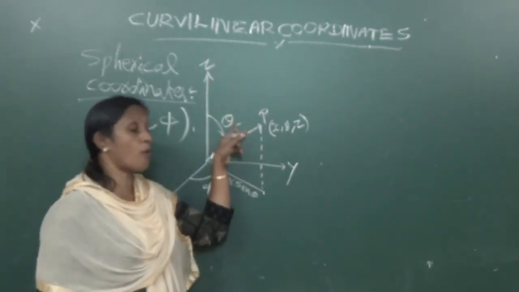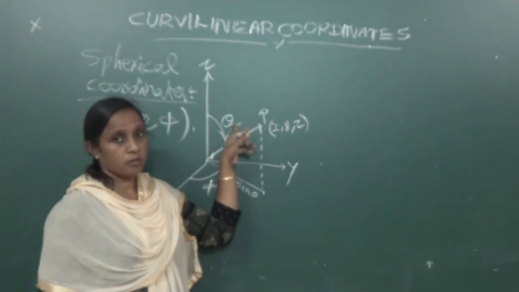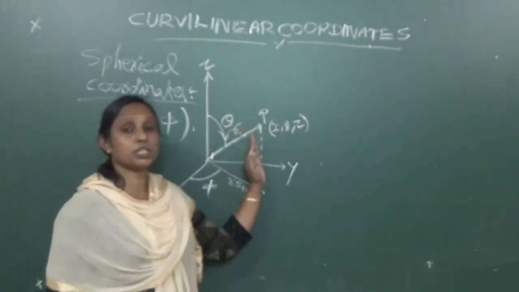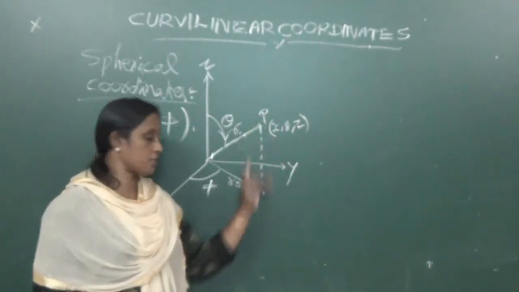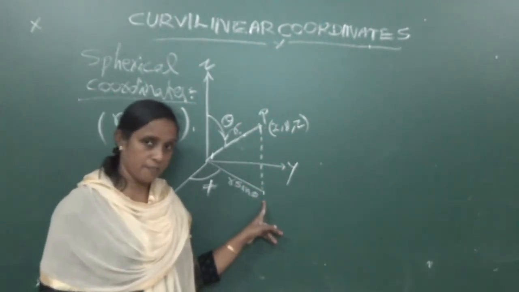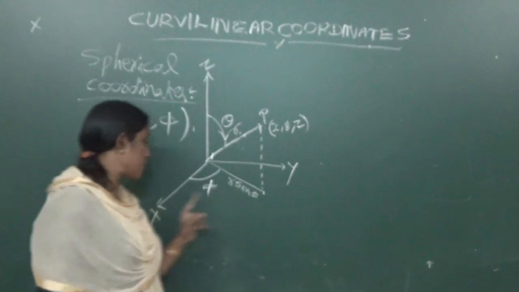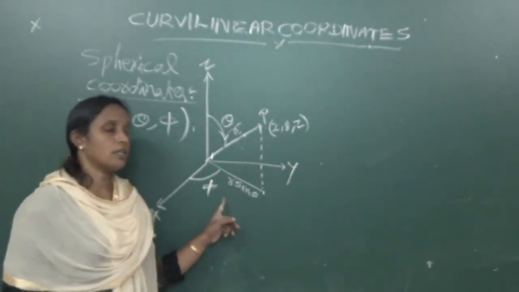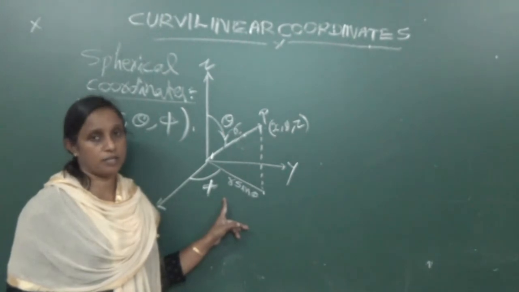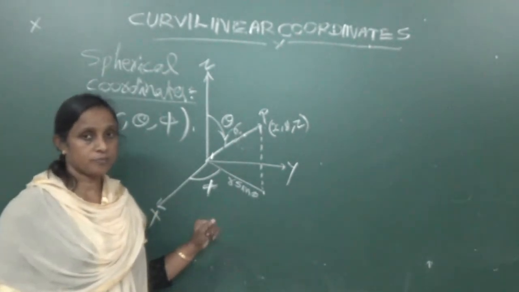This angle is called the polar angle. The projection of this r on the xy plane is given by r sin theta, and the angle between the x axis and this projection is called the azimuthal angle phi.